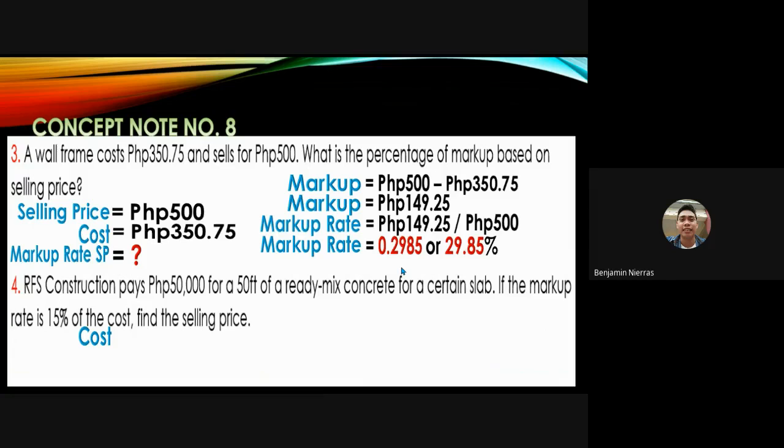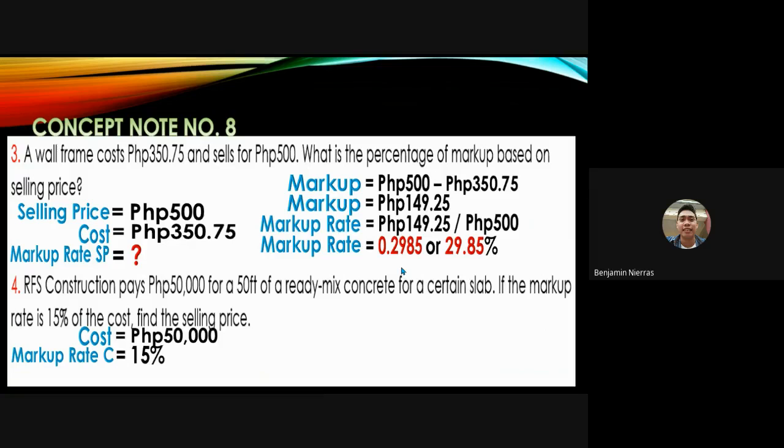Next, RFS construction pays 50,000 pesos for 50 feet of ready-mix concrete for a certain slab. If the markup rate is 15% of the cost, find the selling price. So we have the cost 50,000 pesos for a ready-mix concrete and may patong daw ito na 15%.